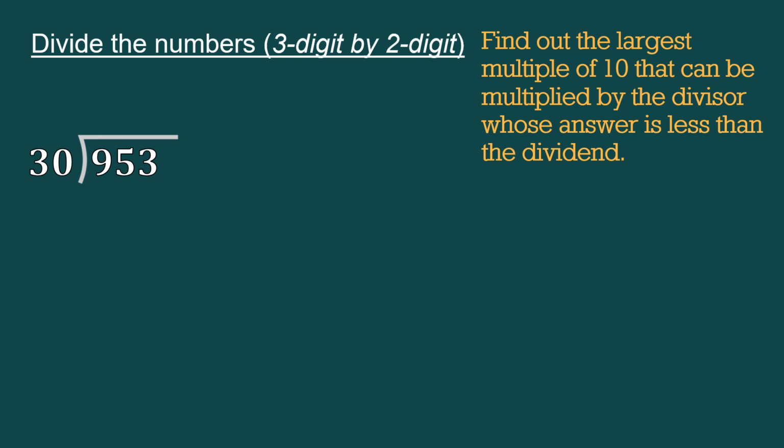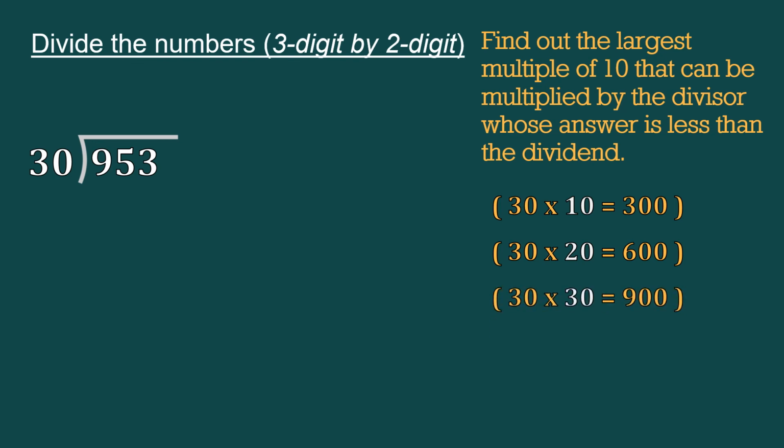We start with 30 times 10 is equal to 300. 30 times 20 is equal to 600. 30 times 30 is equal to 900. We are getting closer to the dividend.